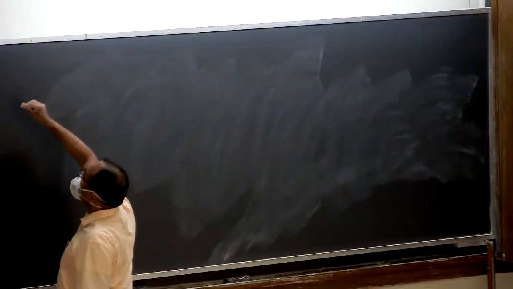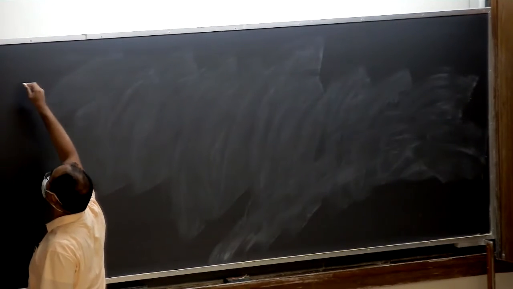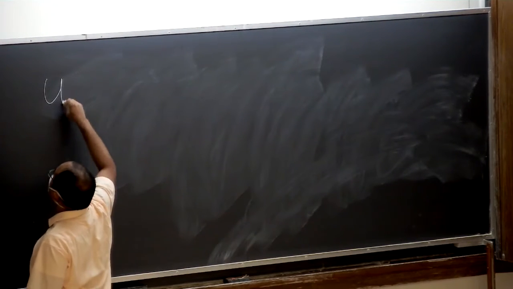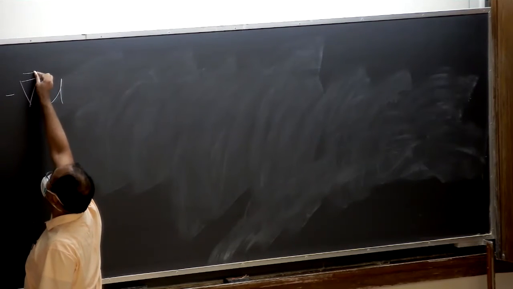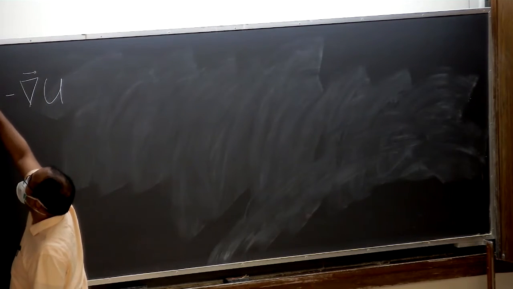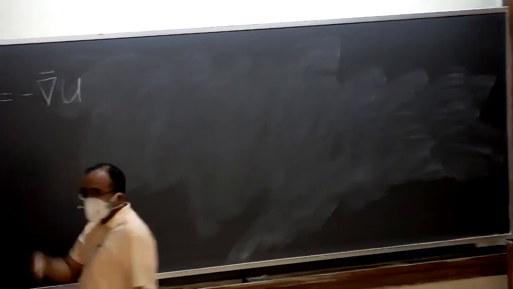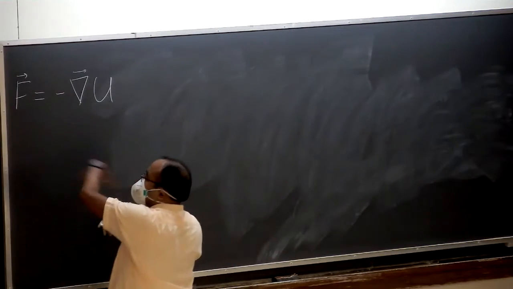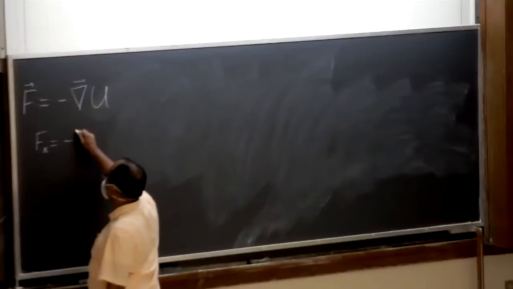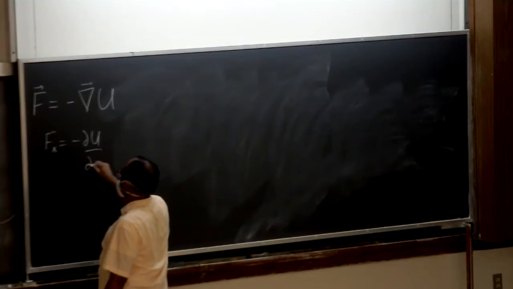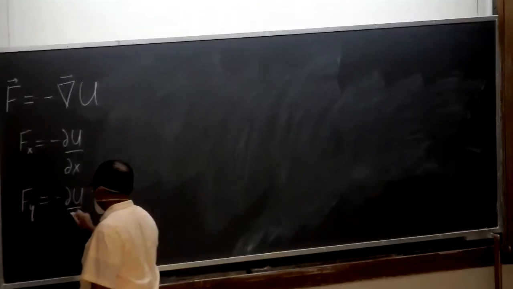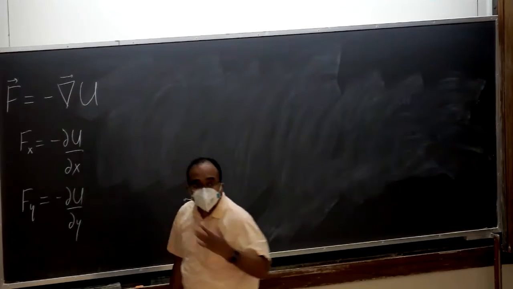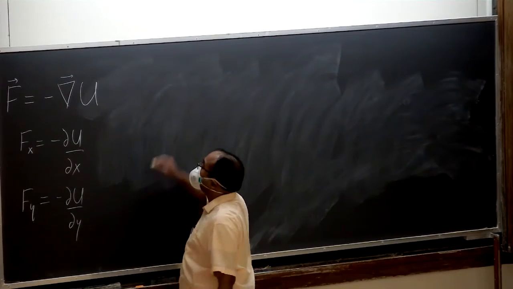We learned a couple of things. One was that if you have potential energy U, you could take its negative derivative to get the corresponding force. This is using the full calculus notation, but if you wanted Fx, that would be minus partial U partial x. Fy would be minus partial U partial y, and so on. So yes, this is exactly what's happening here.